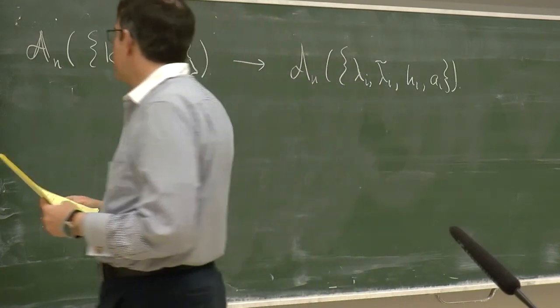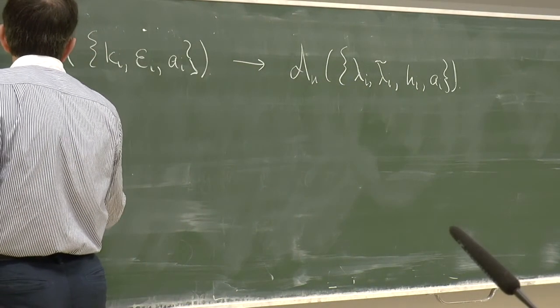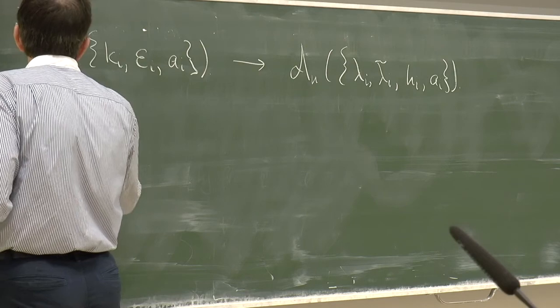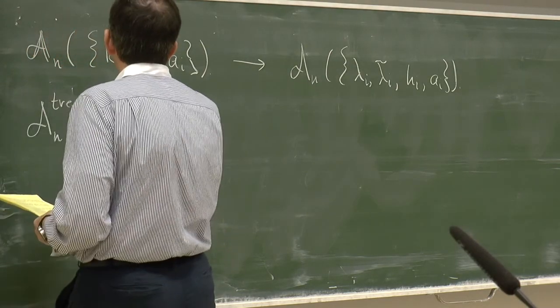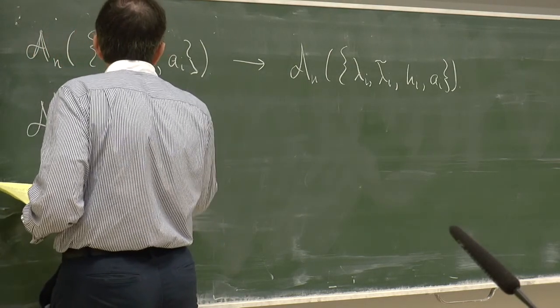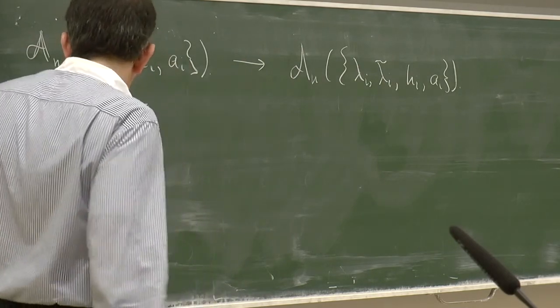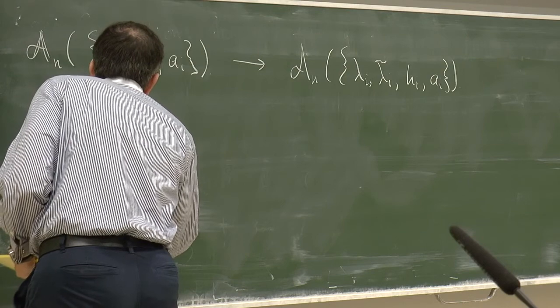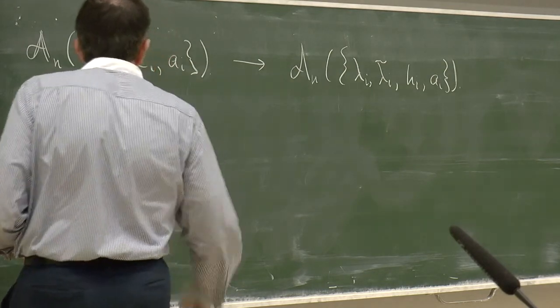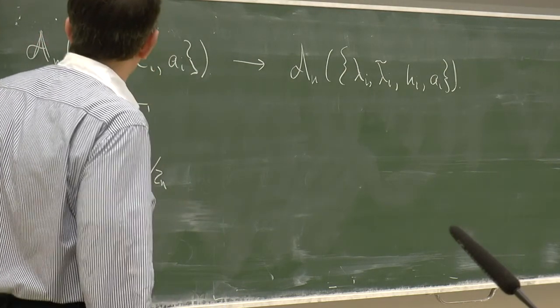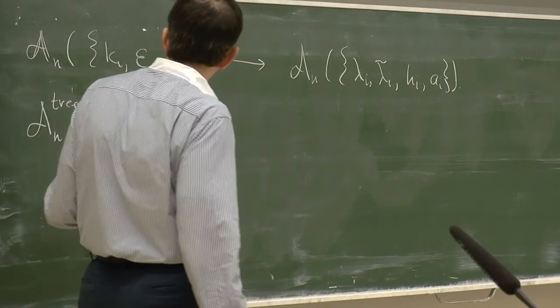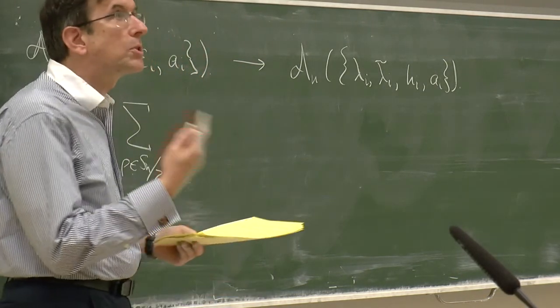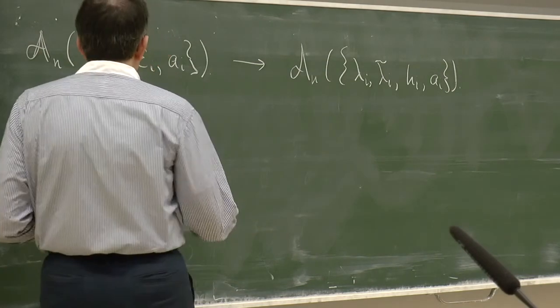So at tree level, we've already seen that there's a color decomposition for the amplitude, or I should say we've seen that in Professor Hen's lectures. And so let me just write that color decomposition. So it's a sum over the full set of permutations modded out by the cyclic permutations because the trace is invariant under those.